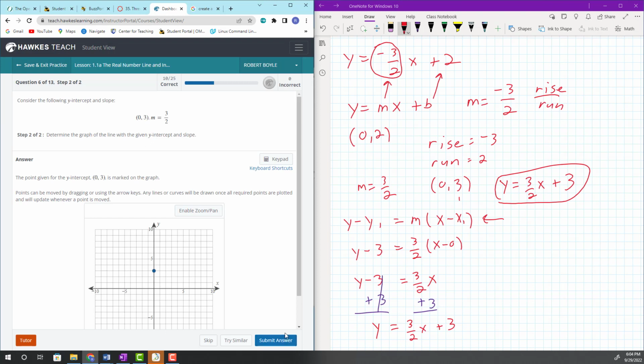Okay, now we need to plot it. First, we need to determine the graph for the line, and they gave us the y-intercept. There it is. So now all we need to do is come up with another point. Once again, we can interpret the slope as rise over run.